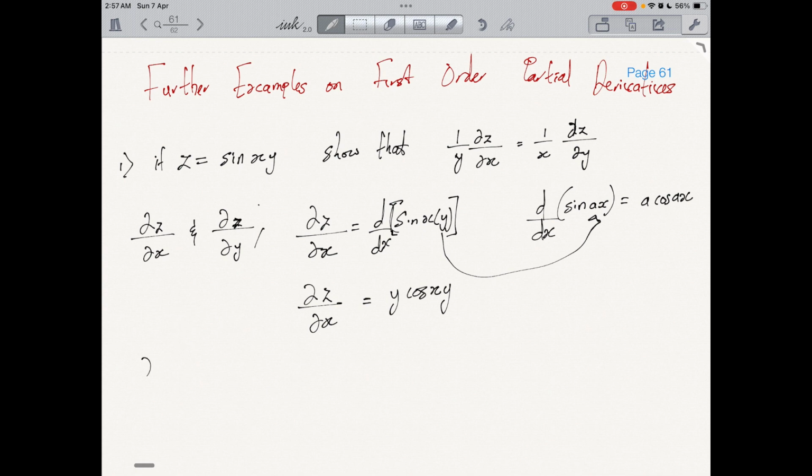And our partial derivative with respect to y will be the differential partially with respect to y of sine xy, where our x is kept constant.